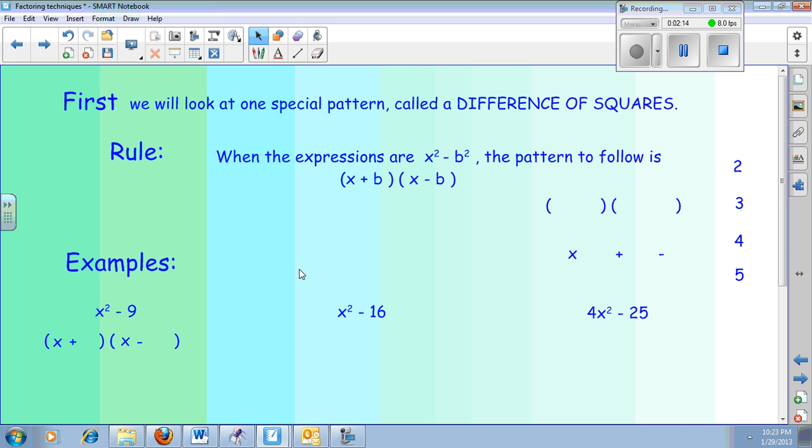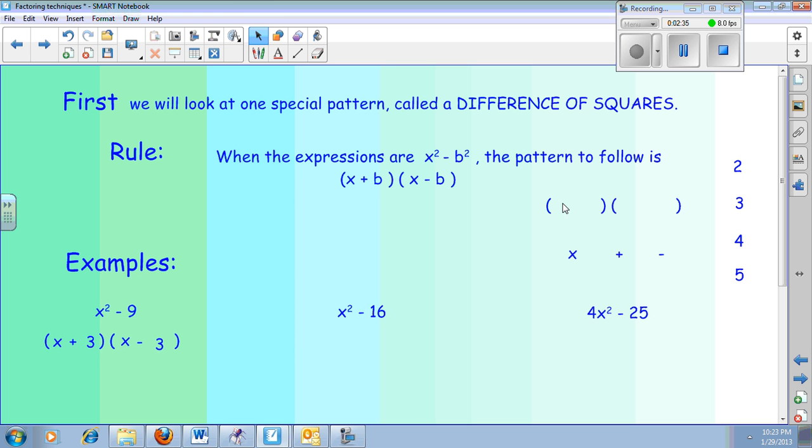Now, the last part is looking at the number term. The number in this case is 9. So the square root of 9 is 3, and that is the number that we'll put in the parentheses to complete the binomials. X plus 3 times the quantity x minus 3.